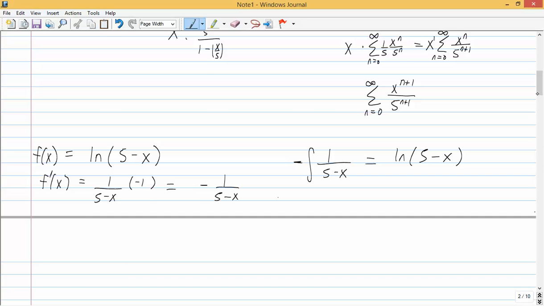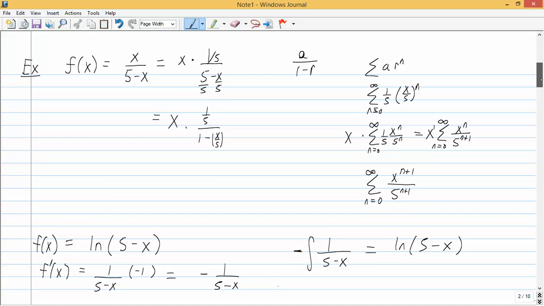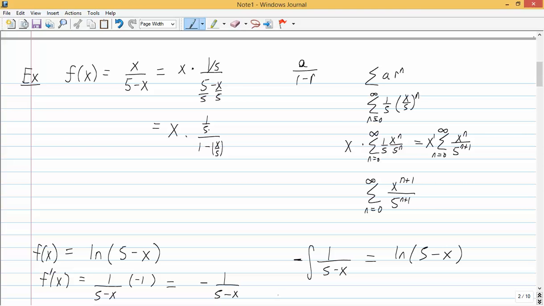Okay. And earlier, do you remember this part right here was the part that we dealt with to find the power series first. We made it a geometric power series. And this right here, you could put the 5's together and make that just 5 to the n plus 1 in the denominator.